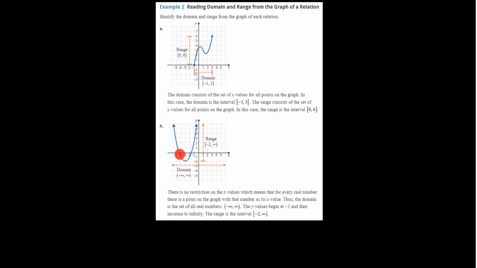Over here, this is kind of tricky because you can only see the domain going from right here, it looks like at about negative 5.5, all over to 0. But these arrows at the end of the graphs indicate that it's just going on. So what that means is it's going to negative infinity, negative quintillion.